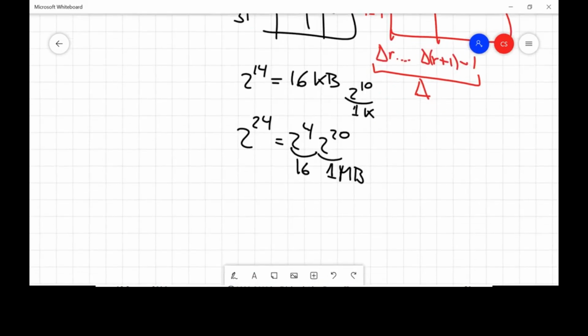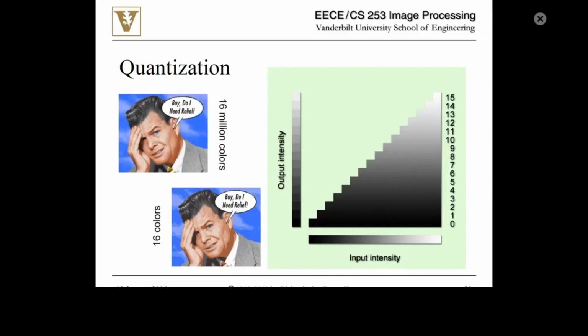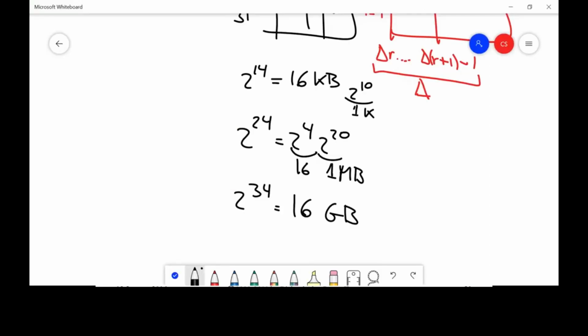The other one is 2 to the 34. This is 16 gigabytes. And what is a giga approximately? It's very easy.